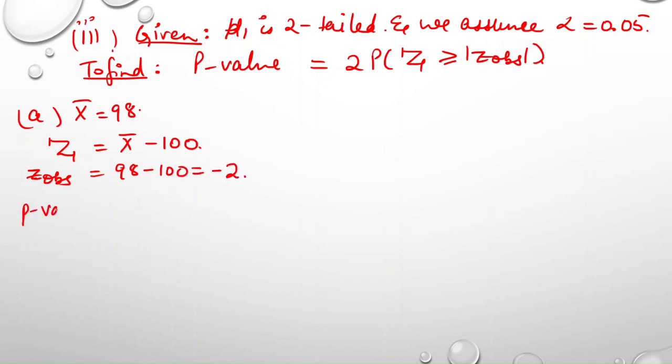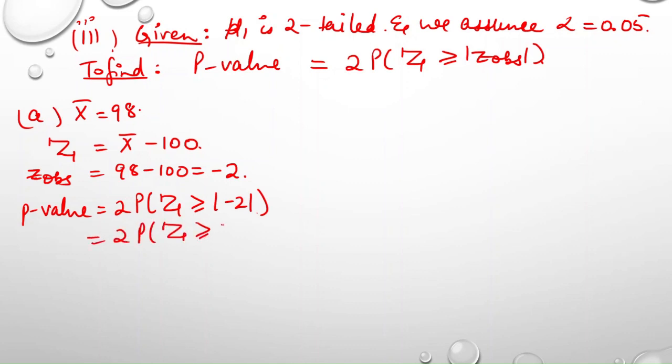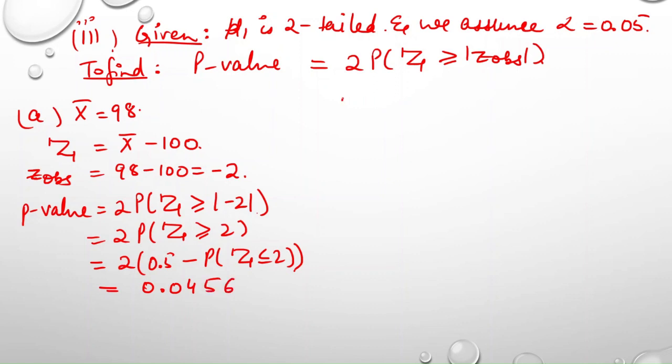So p value would be twice the probability of Z greater than or equal to 2. That's the same as 0.5 minus P of Z less than or equal to 2. So the final answer is 0.0456.